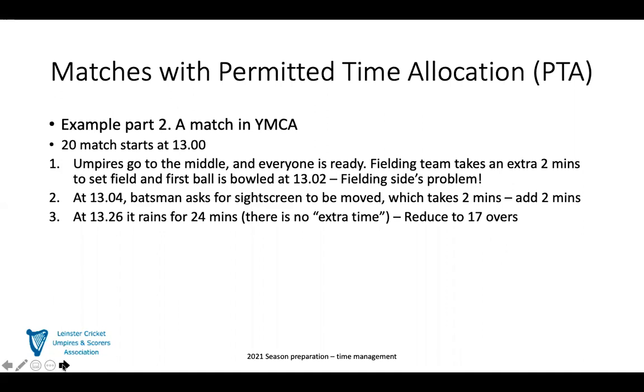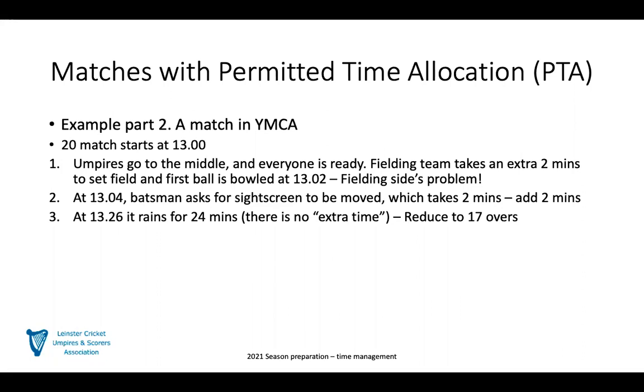So it's reduced to 17 overs. So in our heads, this changes a few things. We know now that the fielding team has now got to start the penultimate over. So in this case, they've only got to start the 16th over. We've also got to work out how long they've got. So 17 overs times 4 minutes is 68 minutes. We've already played 26 minutes, from 13:00 to 13:26.